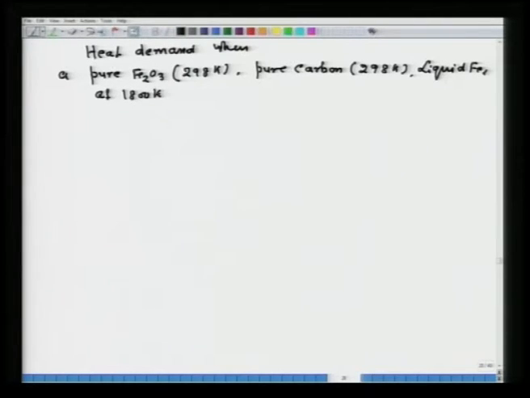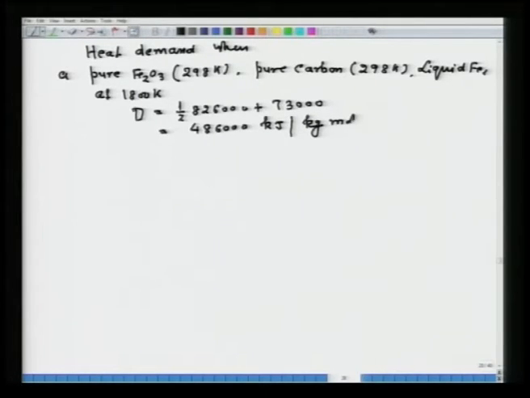So, we can calculate heat demand from the earlier equation. The heat demand will be equal to half into 826 plus 73,000. Half is coming because 1 mole of iron requires half mole of Fe2O3. So, this value is equal to 486,000 kilojoule per kg mole product iron.